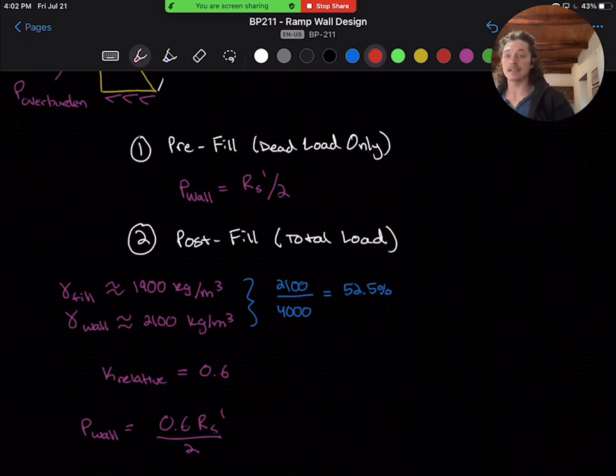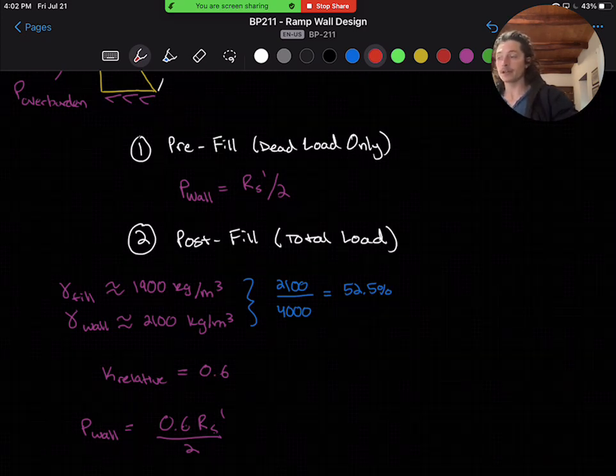If the fill density is 1900 kilograms per meter cubed and the wall density is 2100, the wall stiffness portion would then be 2100 over 4000, and the wall would experience about 52.5% of the load. While the approximate densities aren't perfect matches to solve our problem, they can help us validate and develop our engineering judgment for this.